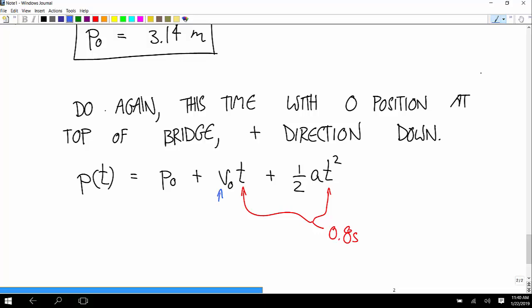It's still released from rest, so this v0 is going to be 0. What's the acceleration going to be this time? Yeah, so now our positive direction is down, and acceleration of gravity is down, so it's in the positive direction. So this is positive 9.81 meters per second squared.